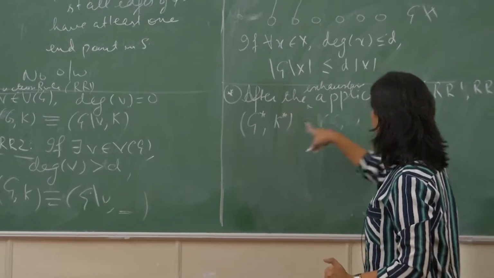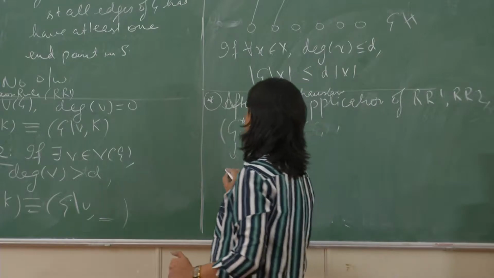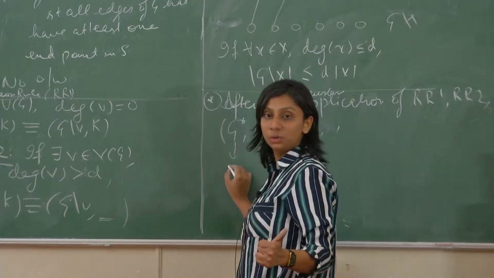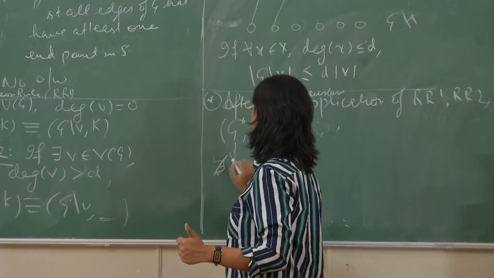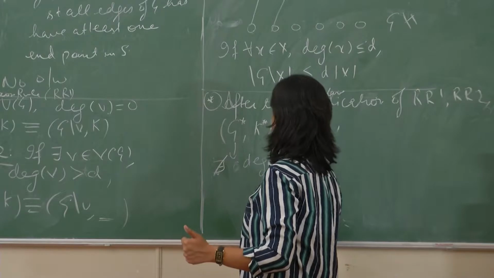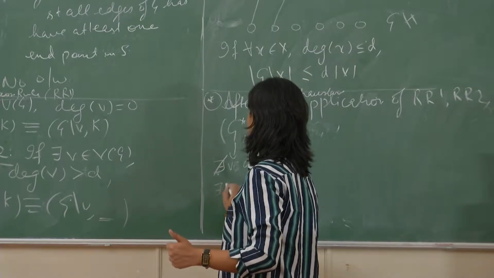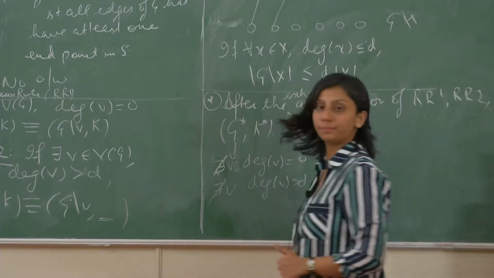So what I know is after the application of this rule, if this is the reduced instance, then I know that this instance has no vertex of degree 0, and it is not the case that there exists a vertex of degree greater than D. Okay?